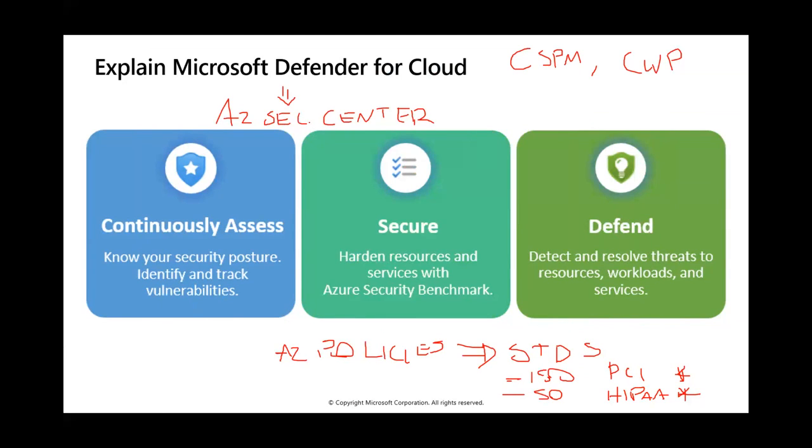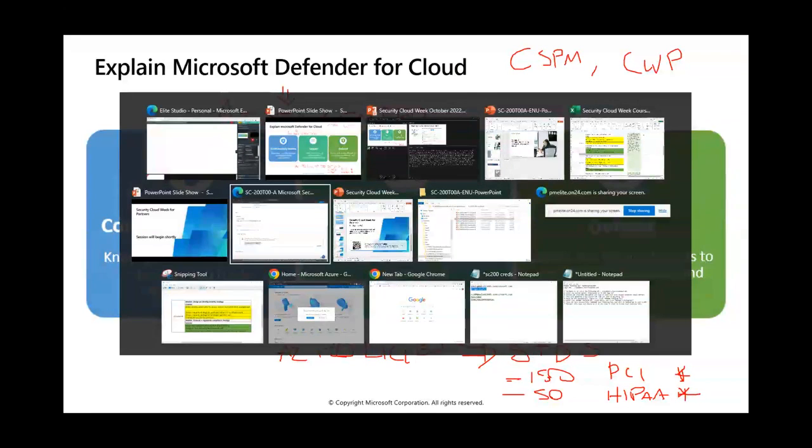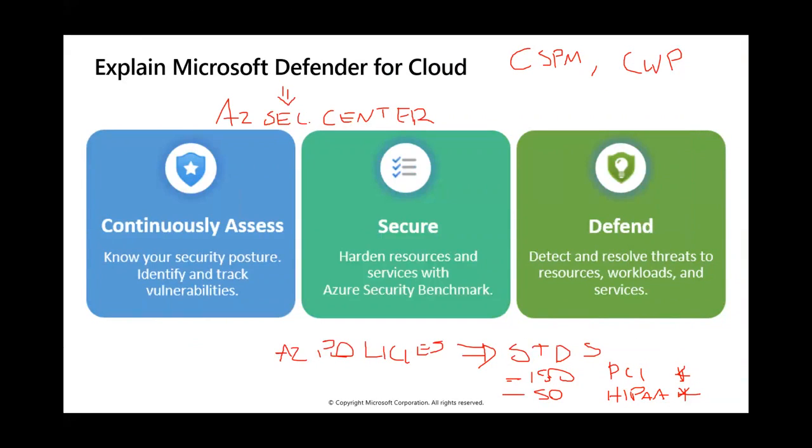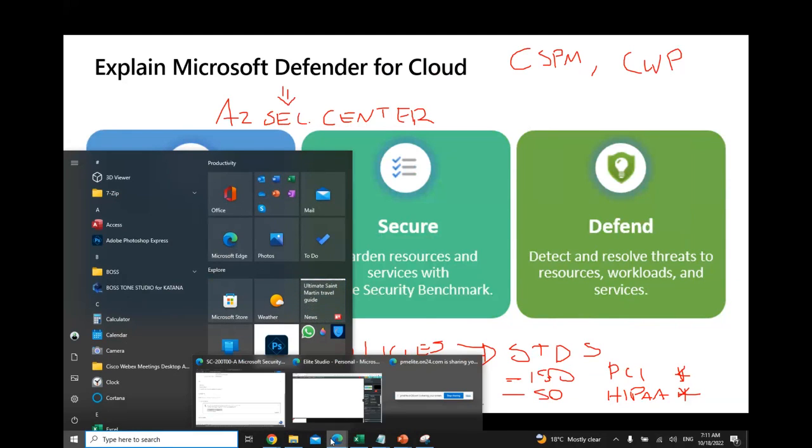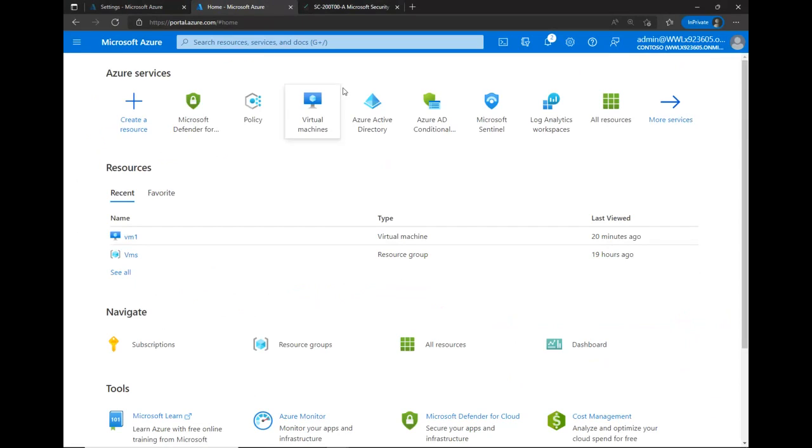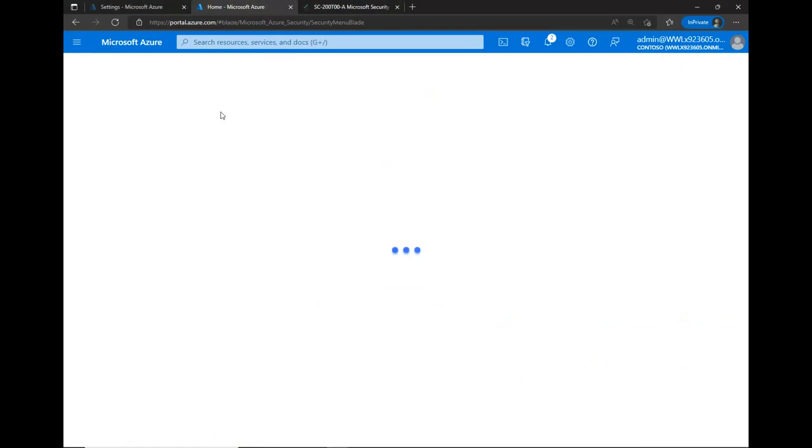So just give me a second. Also, let's take a quick look at Microsoft Defender for Cloud, and we can see the multiple pieces associated. We can find Defender for Cloud as the name of the service.